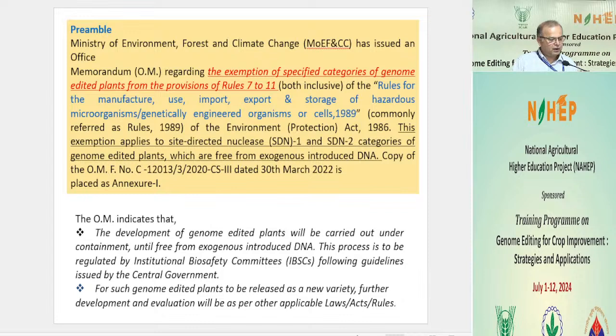Similarly, for SDN2, which involves a template guided repair of a targeted DNA break using an externally supplied template sequence, at the end of the day the changes are minor.